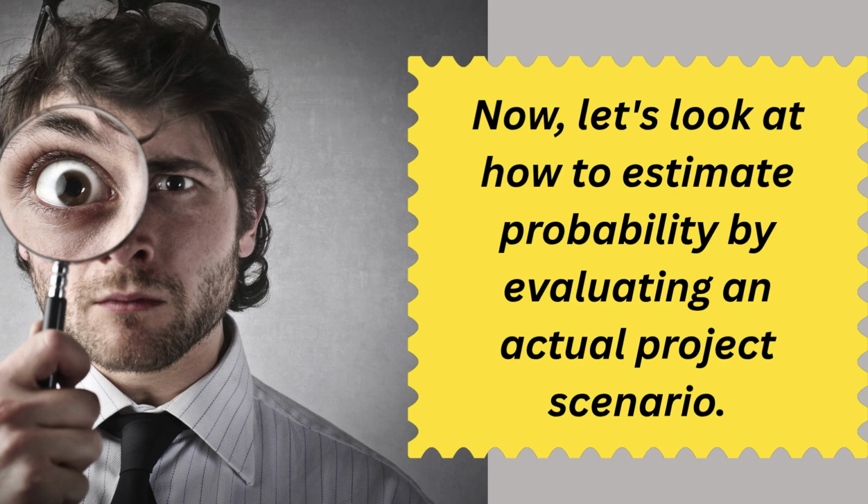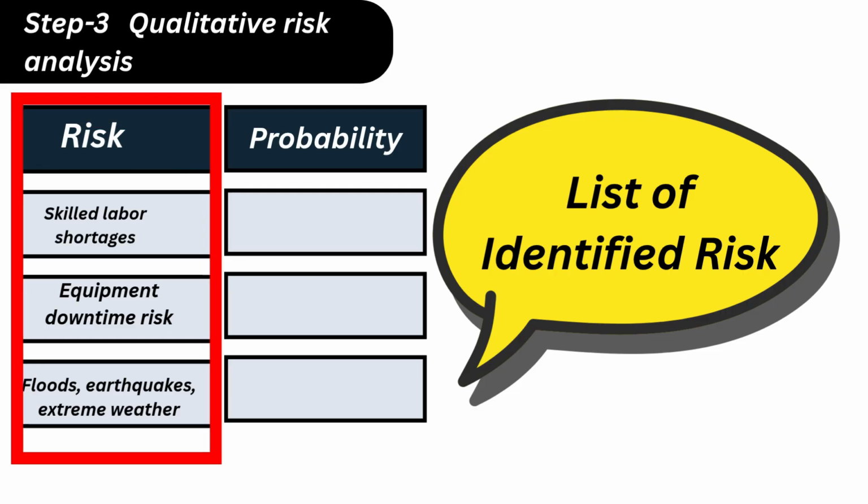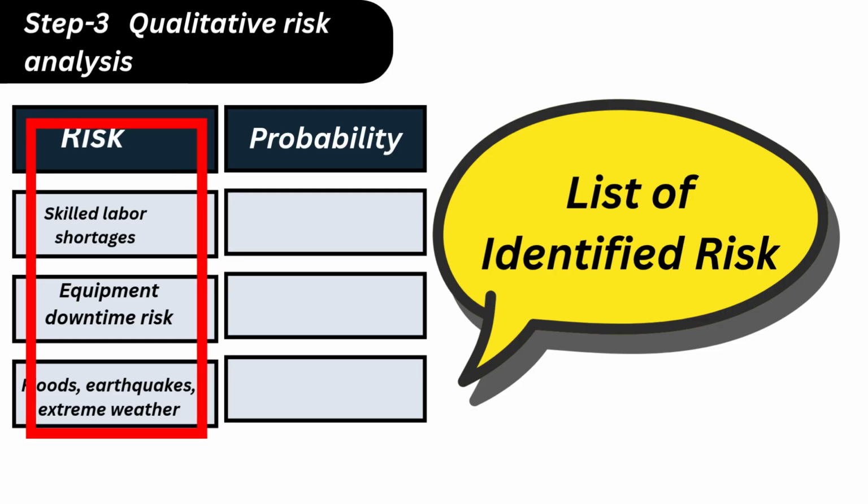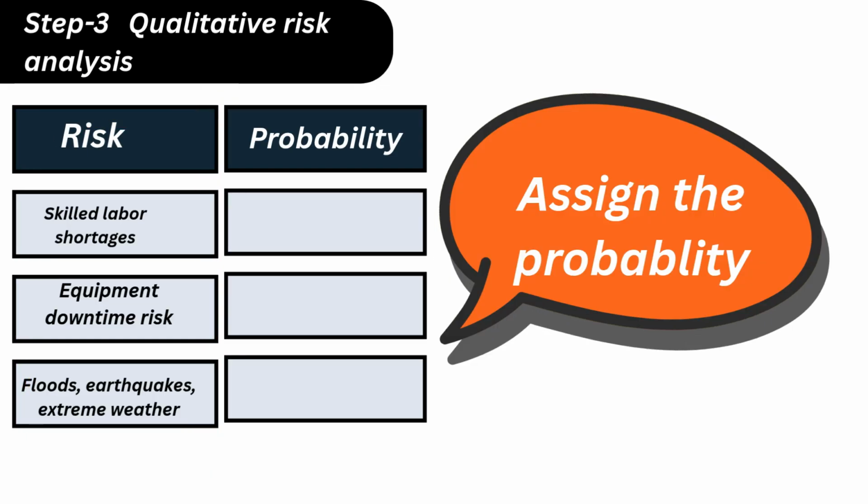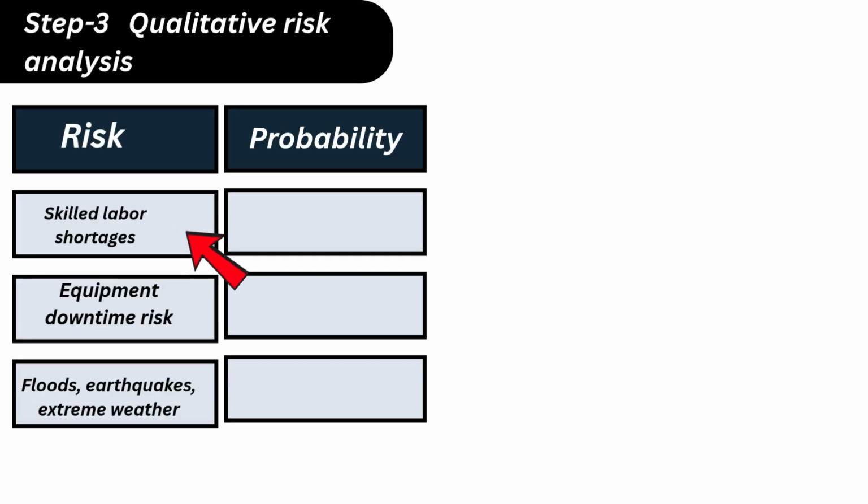Now let's look at how to estimate probability by evaluating an actual project scenario. Right now on the screen, I have a list of all the risks identified. One by one, I will assign the probability to each risk. My first risk is skilled employee shortage.